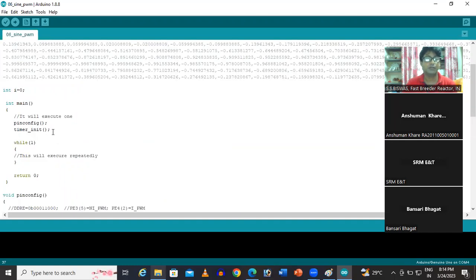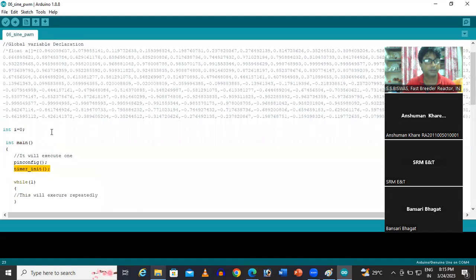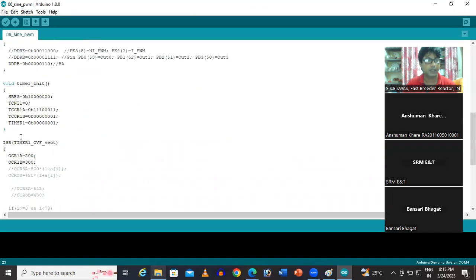As I told, we will be generating this through timer interrupt, so you need to initialize the timer. To initialize the timer, I have used this function, and its content is elaborated here. First is the status register.